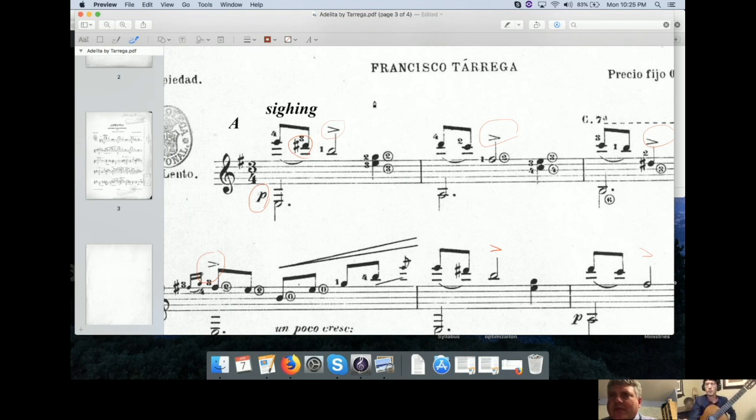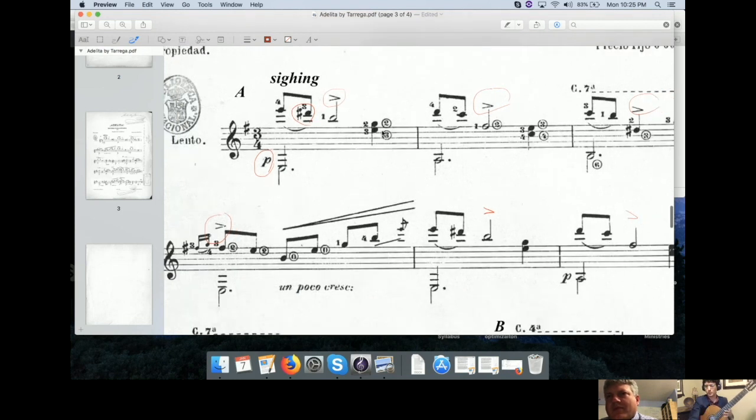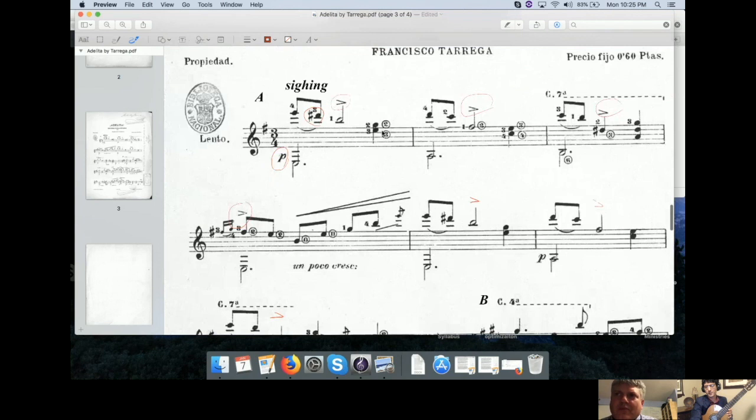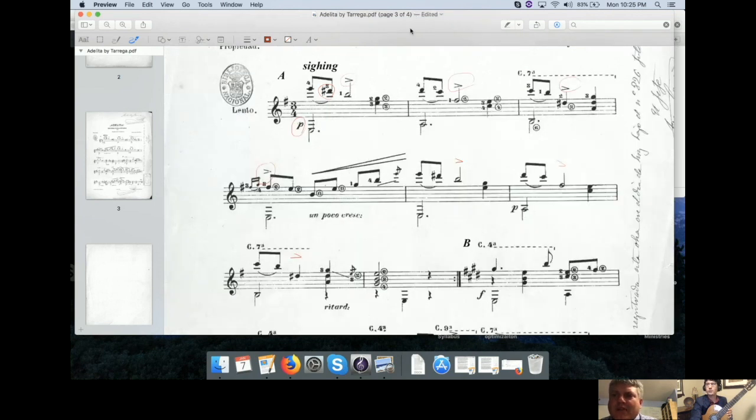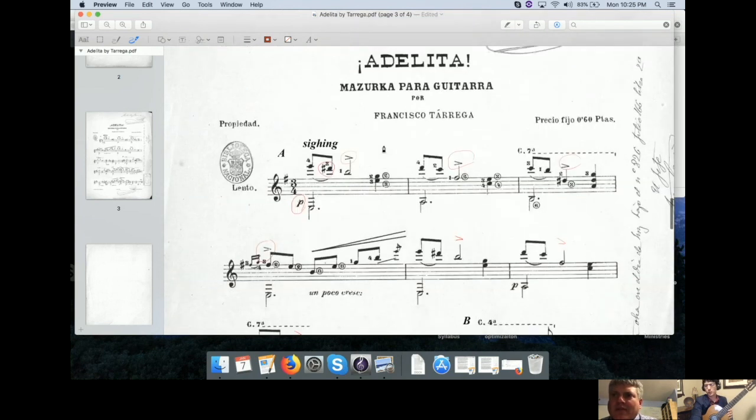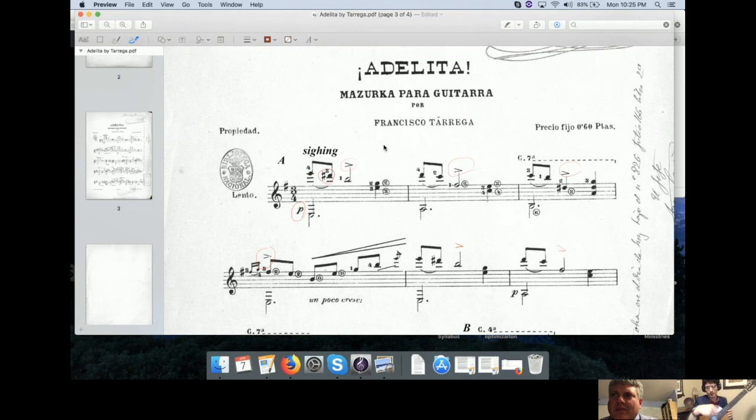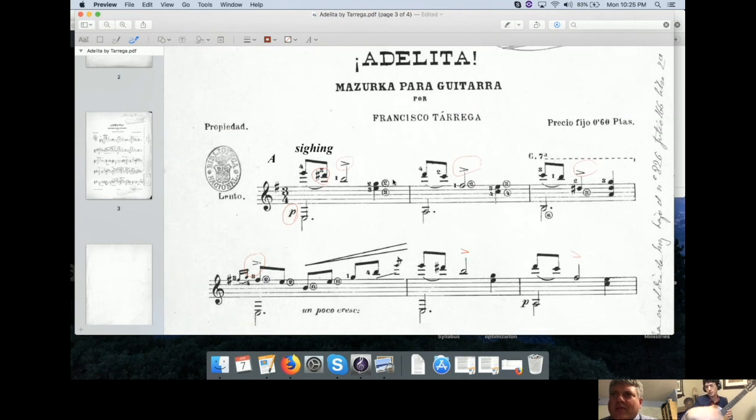And then that landing on the second beat, it really has almost a sub. It's beautiful. I mean, it's just such a beautiful, Tárrega's pieces, they're so poetic. Yeah. I'm always struck at how poetic they are. You just get deeper and deeper into it.